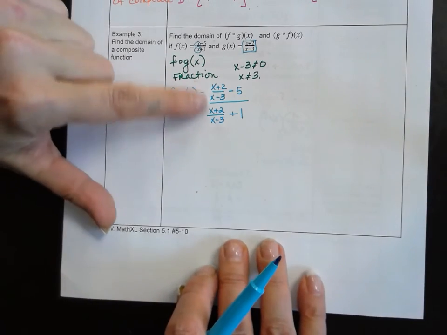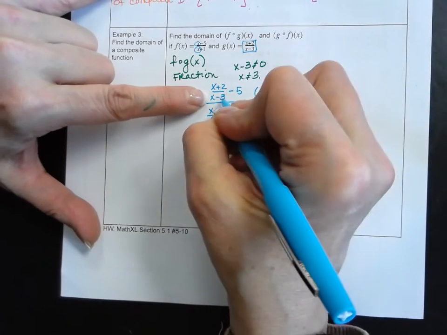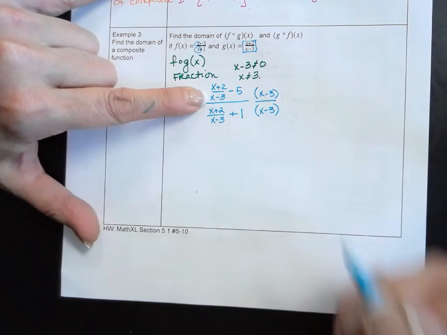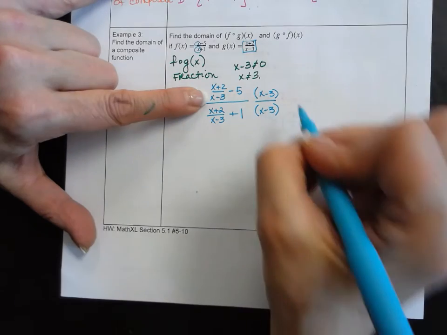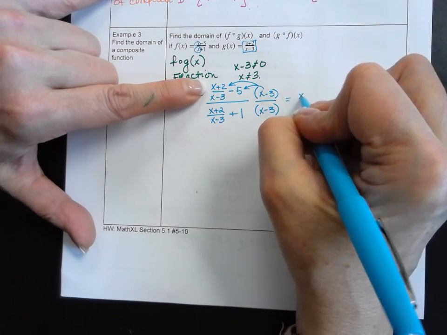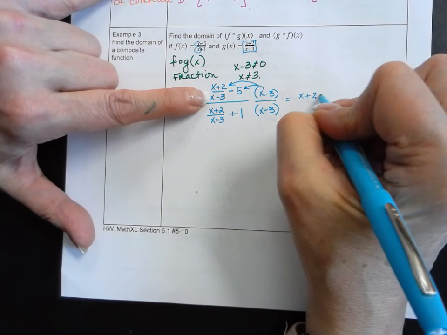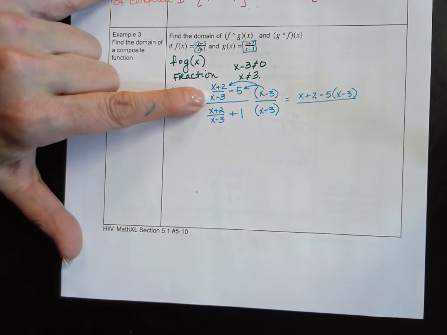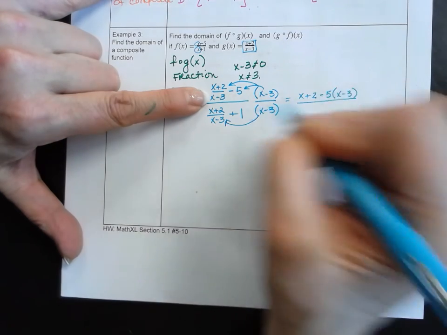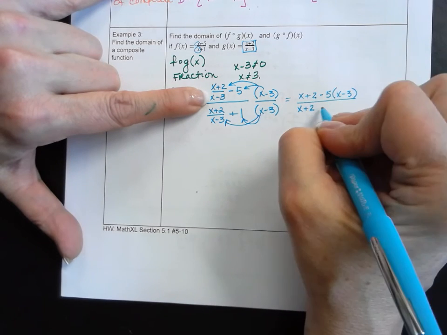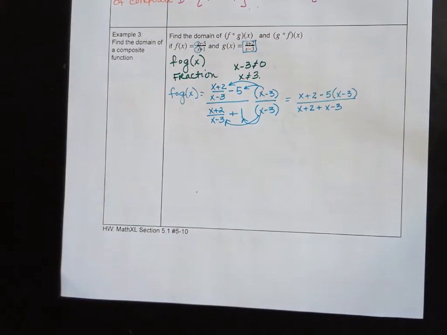All right, I want to get rid of these fractions, so I'm going to multiply by the denominator. So when I distribute, I get x plus 2 minus 5 times x minus 3 for the top. And then on the bottom, I get x plus 2 plus x minus 3.